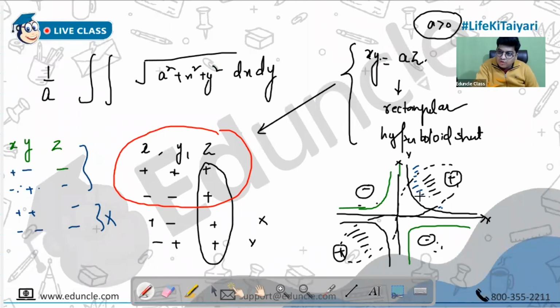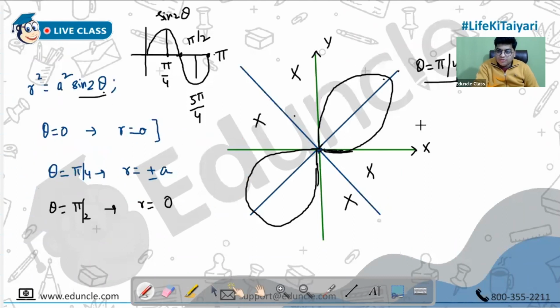So basically you have to find the single area. So this is the unique question. You do not have to multiply by 2 each and every time. Am I correct? So we will find the answer. See, for this, r is equal to 0 to a under root sine 2 theta, and theta is 0 to pi by 2, and then further pi to 3 pi by 2. So these are symmetric.